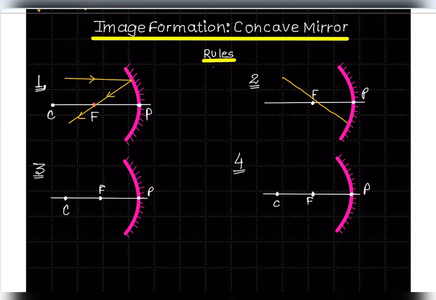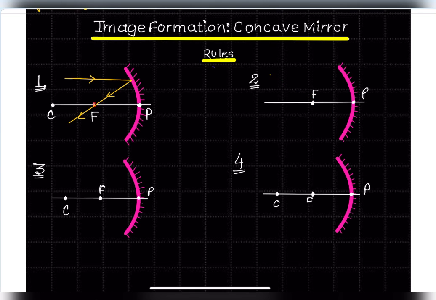The second is, if a ray passes through the focus, what will happen? If you take a ray and it passes through the focus like this, then after reflection it will go parallel like this. Got the point?